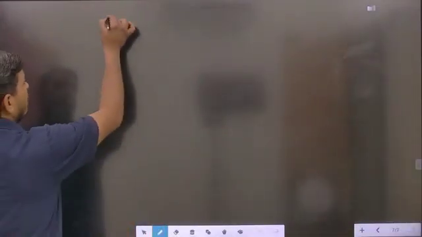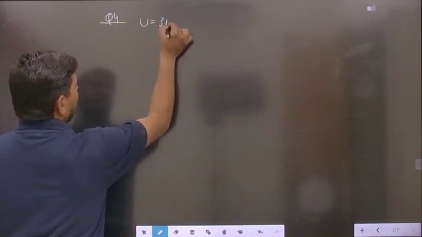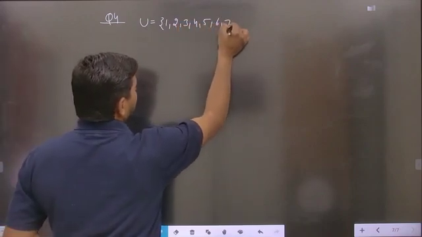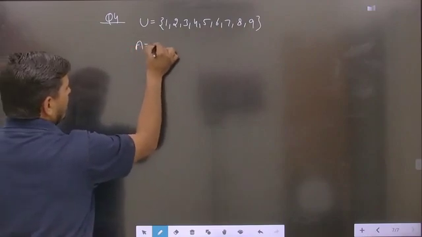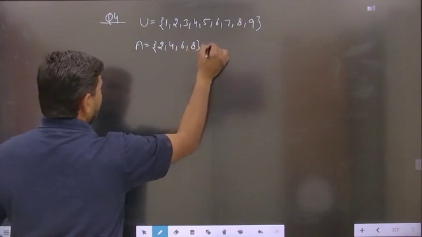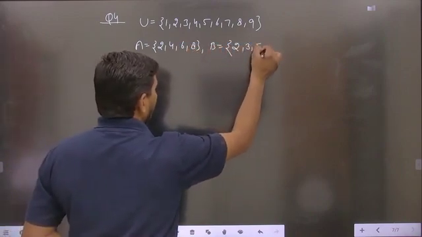In this question number 4, the universal set is written as 1 2 3 4 5 6 7 8 9, set A is given as 2 4 6 8, and set B is given as 2 3 5 7.